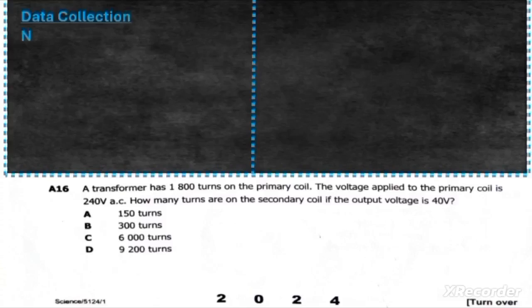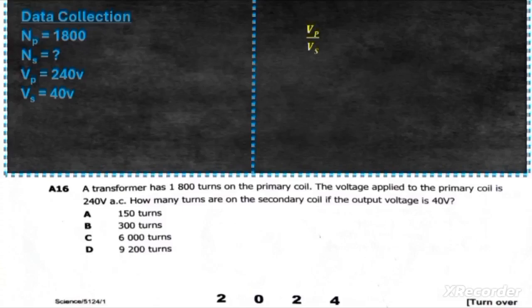Okay, so the number of turns in the primary coil is 1,800. Then the number of turns in the secondary, we don't know. Actually, we are looking for the number of turns in the secondary. The voltage in the primary is 240 volts. Then the voltage in the secondary is 40 volts.